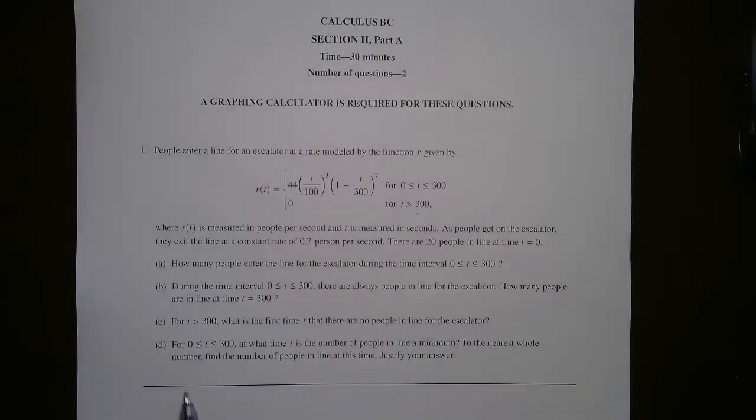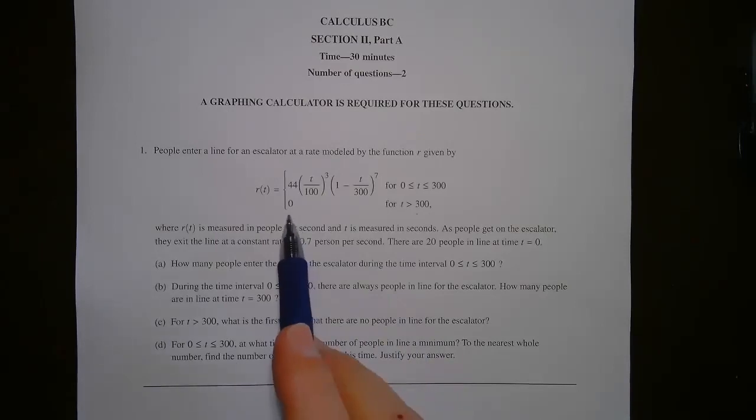So for part C, for t greater than 300, what is the first time t that there are no people in line for the escalator? If we consider part B, where we found how many people are in line at t equals 300, after t equals 300 the rate at which they're entering the line is 0. So nobody's adding to this line.